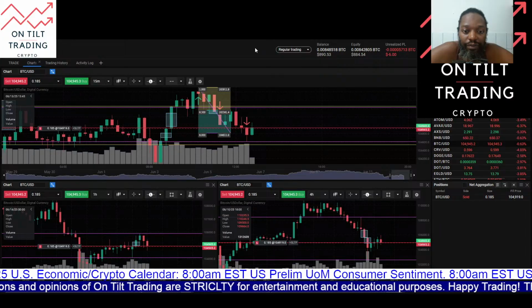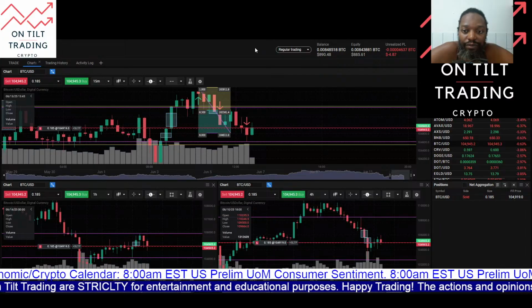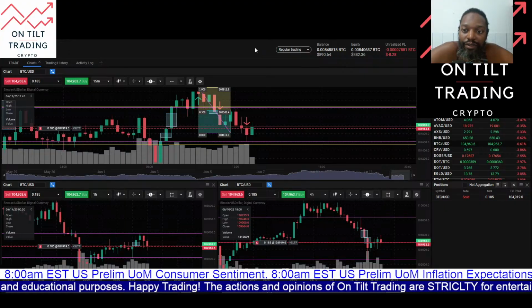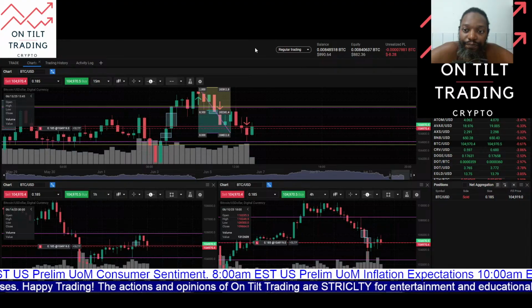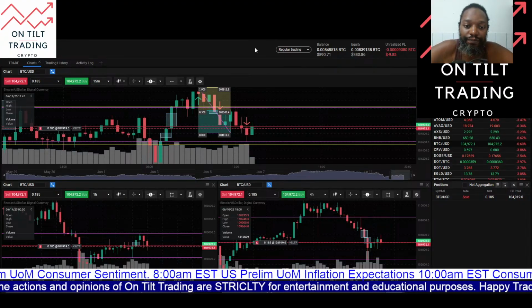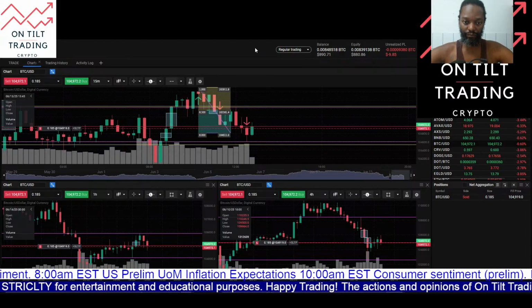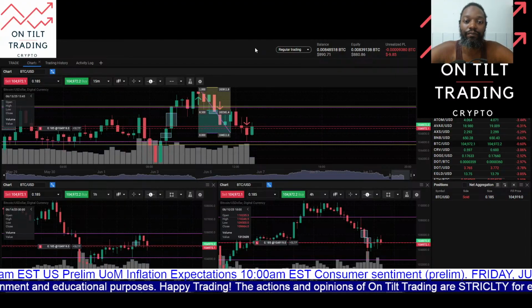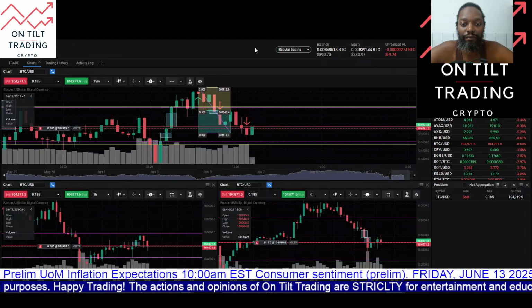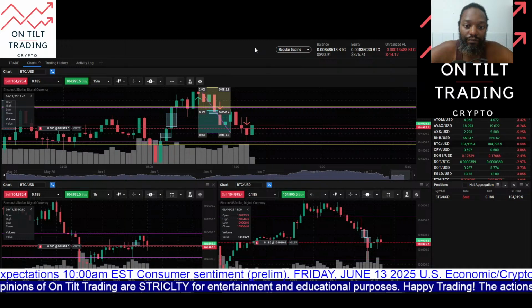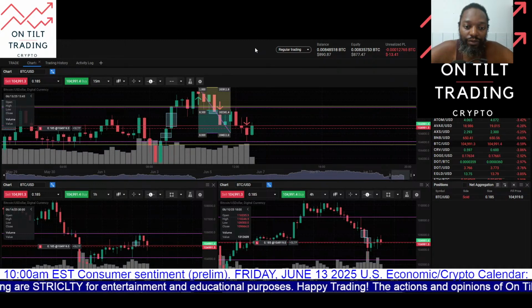Back down to test the entry level. Getting a slight reaction off of that entry level. Candle still showing strength.